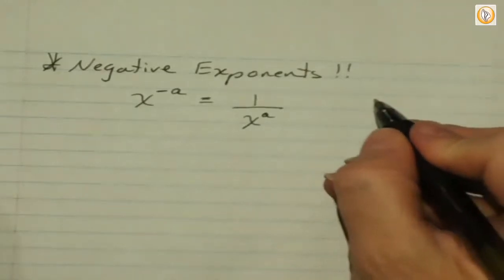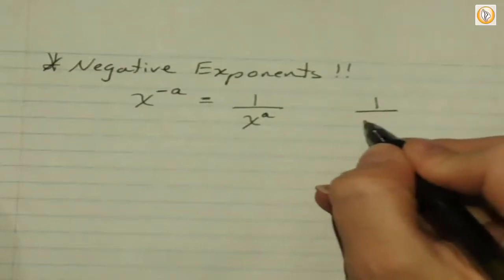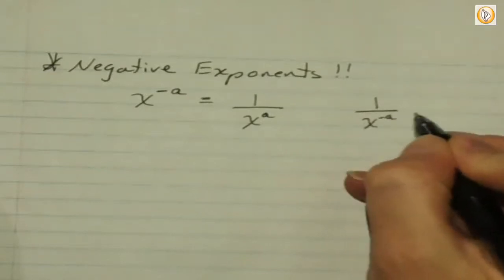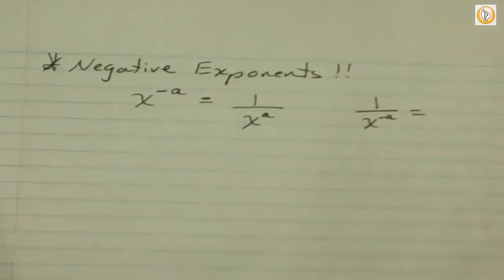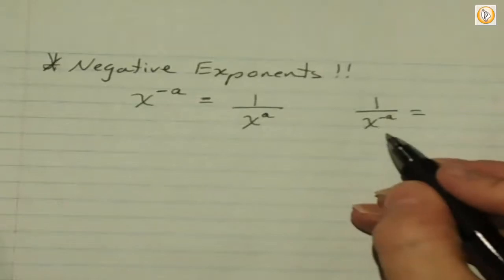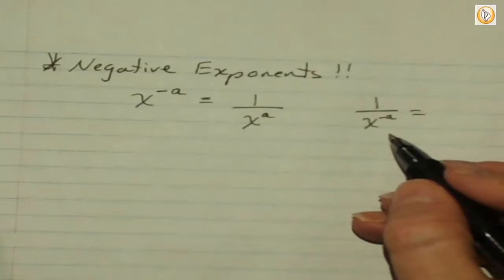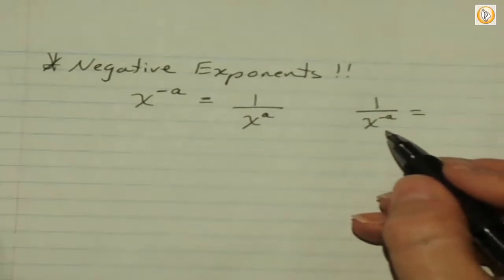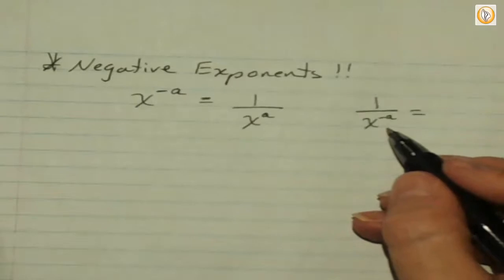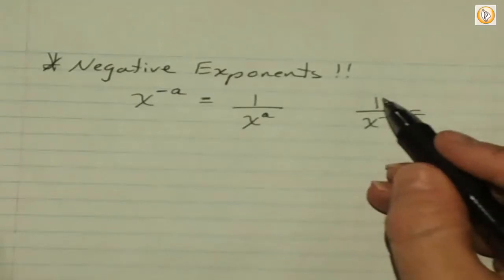Now, what if I had a negative exponent in the denominator already? How do I make it positive? Raise your hand. Cecilia, do you want to take a guess? If I have a negative in the denominator, how do you think I can make it positive? So move it on top?